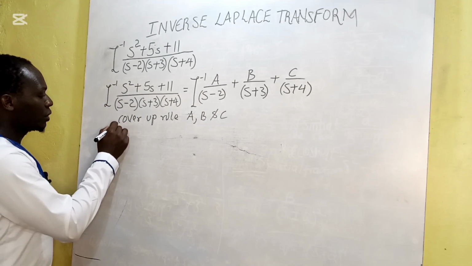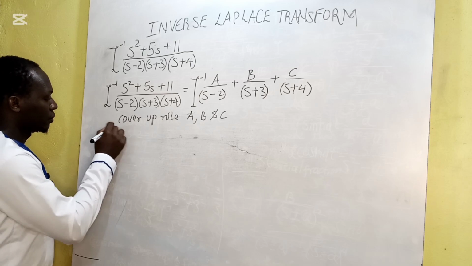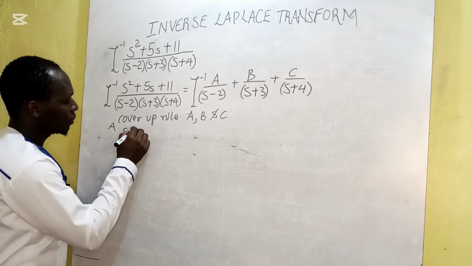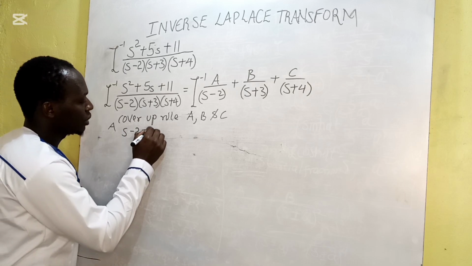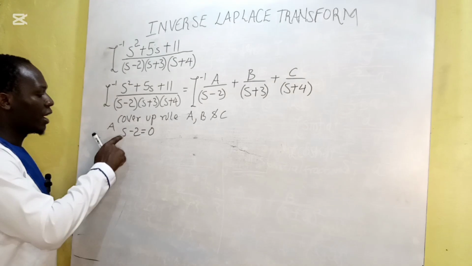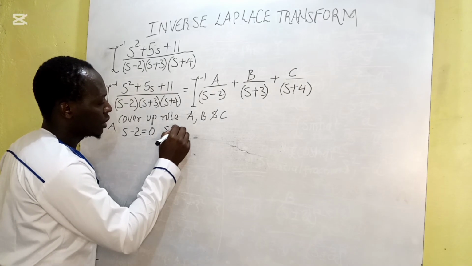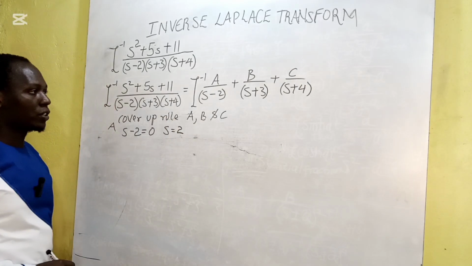To get the value of A, we set s - 2 equal to 0, and we are looking for the value of s, so s will be equal to positive 2.